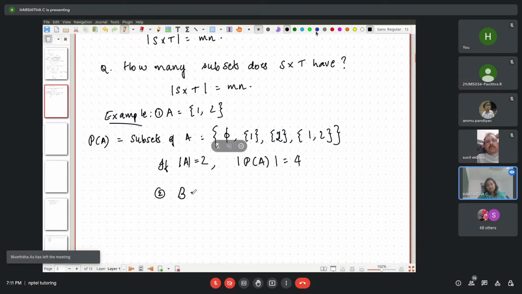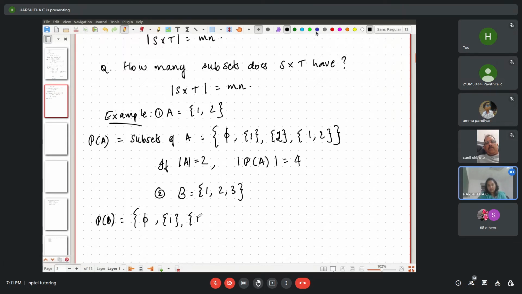Let's take the set B as {1, 2, 3}. Let's list down all the possible subsets of B. You have the empty set. You can take all the sets which contain one element. Then you have sets with two elements.